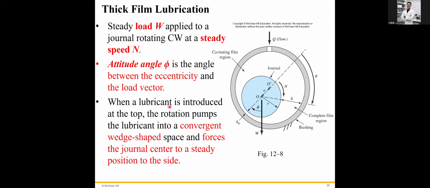When a lubricant is introduced at the top, the rotation pumps the lubricant into a converging wedge-shaped space and forces the journal center to a steady position to the side. So the lubricant is introduced from the top, and the rotation pumps the lubricant into a convergent wedge shape.